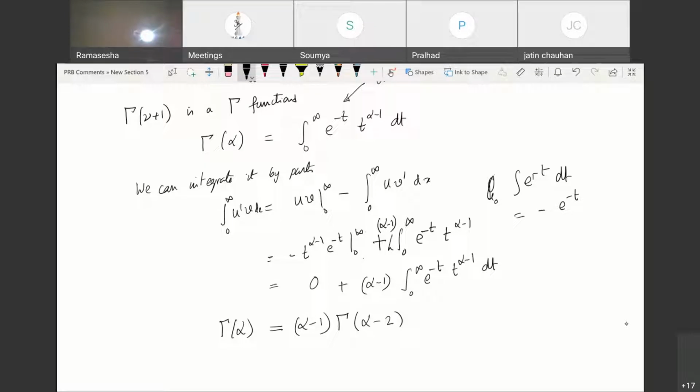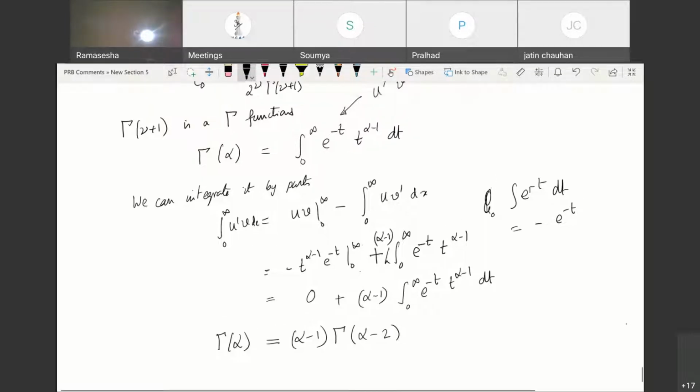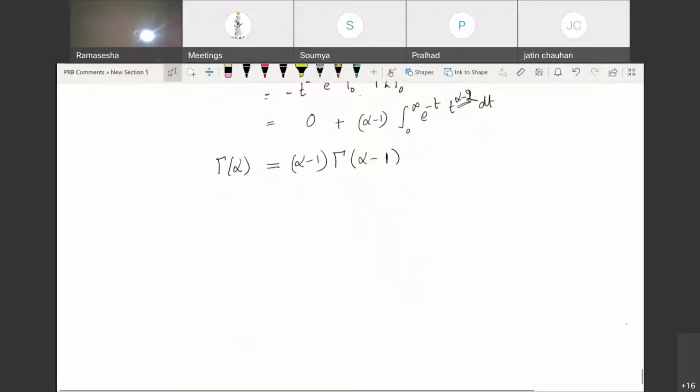Let me see. So when I differentiate, okay. So this is what I get. If I take alpha by the definition of, okay. So because when t to the power, so if it is t to the power of alpha is equal to gamma.